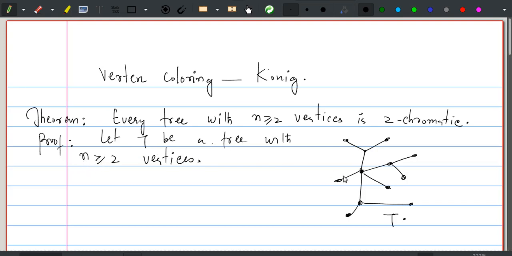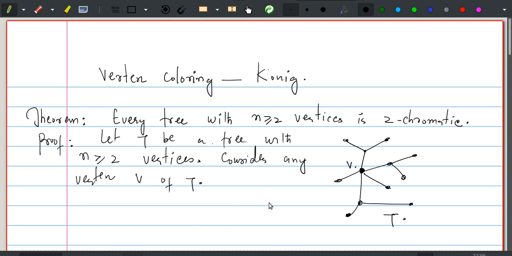Now let us consider any arbitrary vertex here. Let us choose this vertex here and call this vertex v. So consider any vertex v of T. So we are good so far.